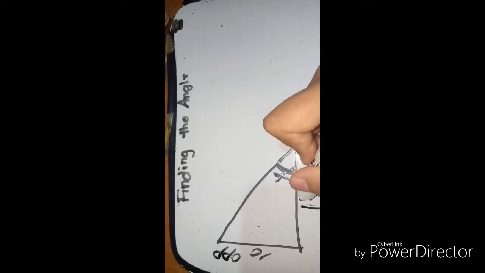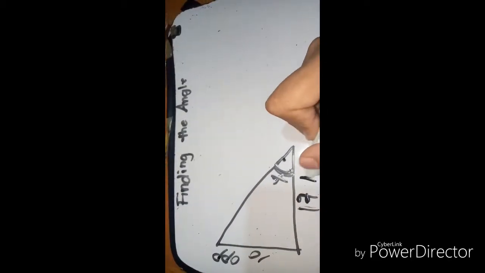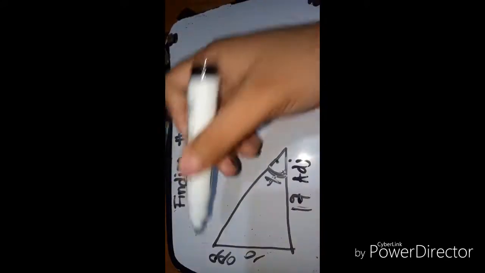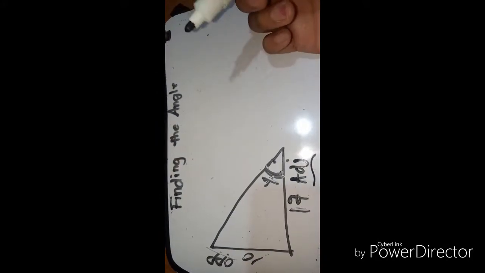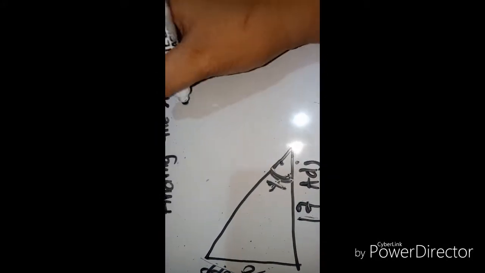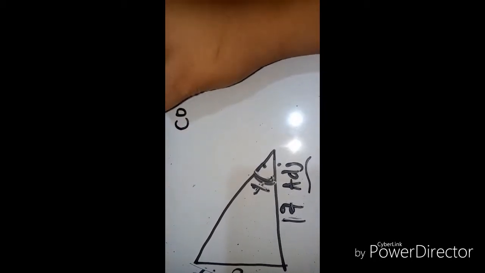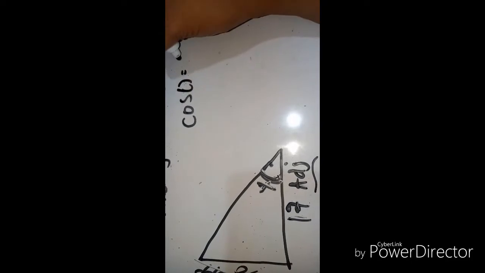The 17 is next to the angle, so this will be our adjacent. So we have the opposite and the adjacent, so we're going to use the formula cos angle equals opposite over adjacent.